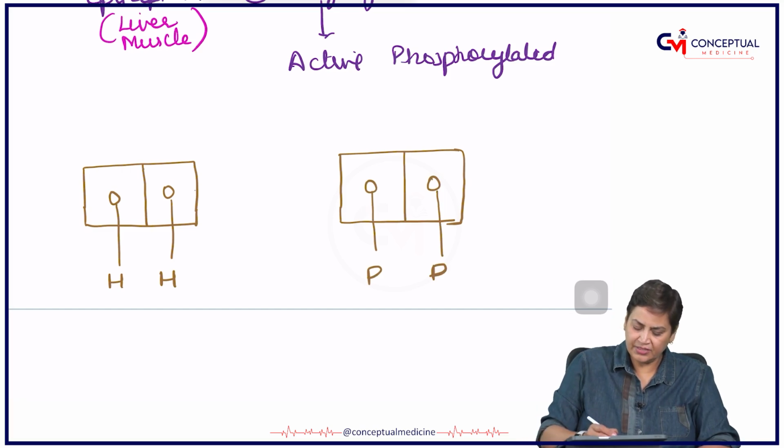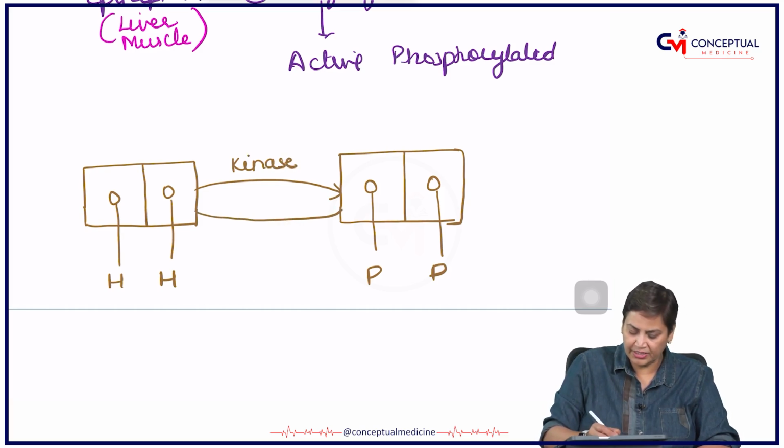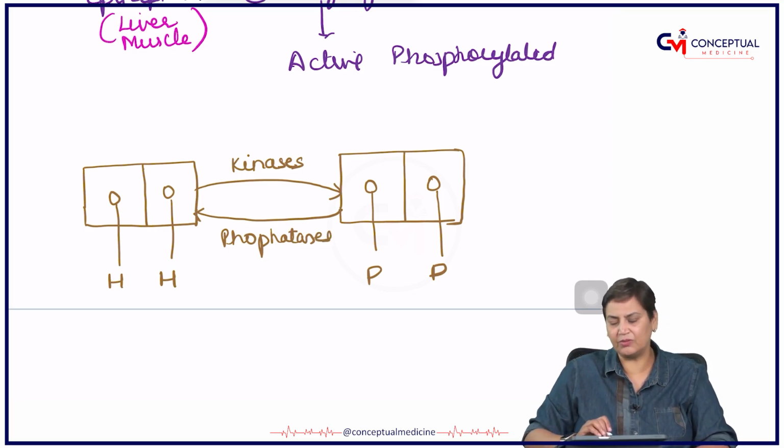OH can be converted into OP with the help of kinases, and OP can be converted into OH by phosphatases. And this becomes the structure of both the enzymes, whether it is glycogen phosphorylase or glycogen synthase.